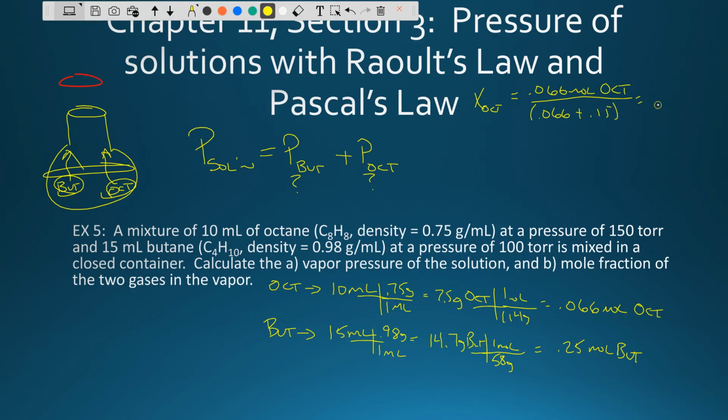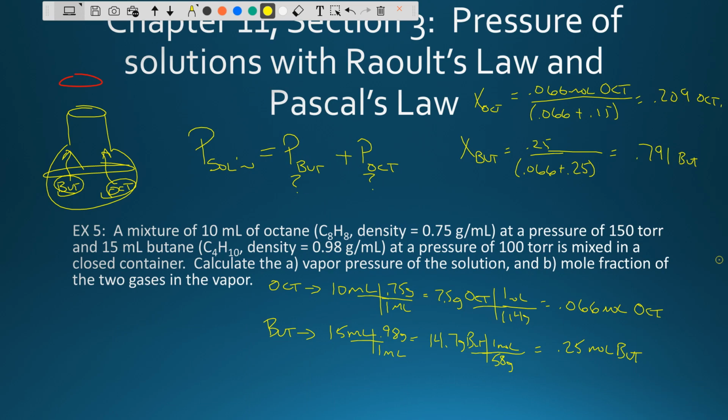My mole fraction of octane is 0.209. Now my mole fraction for my butane, I could just subtract from 1, but if I do the math part, it's 0.25 divided by 0.066 plus 0.25. I'm going to end up with a mole fraction of 0.791. And again, that's of my butane. Once again, these two should add up to 1 or really close to that.